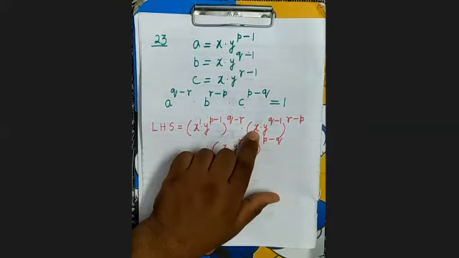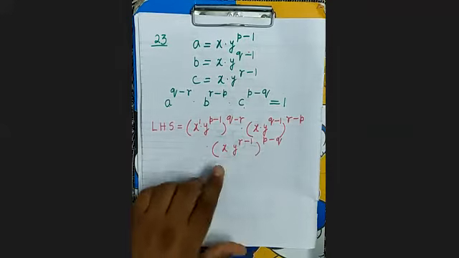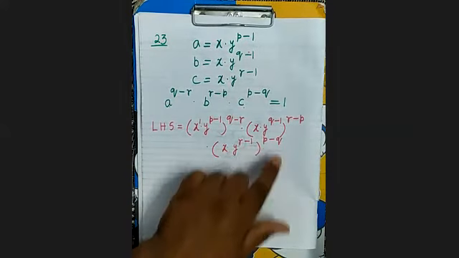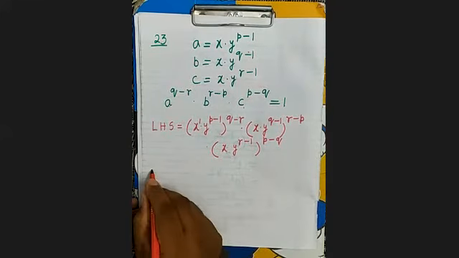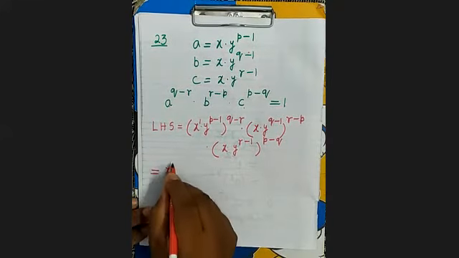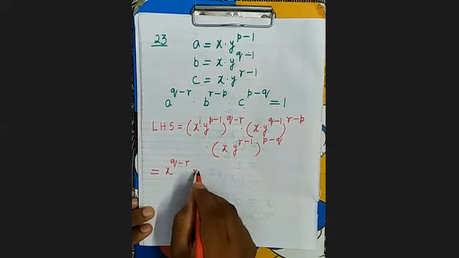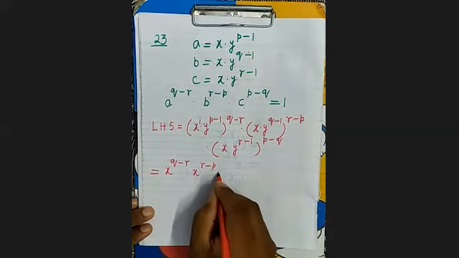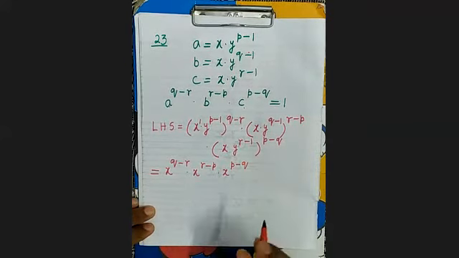Similarly, from here you will get x to the power r minus p. From here you will get x to the power p minus q. So you write all the terms of x at one place and terms of y at one place.